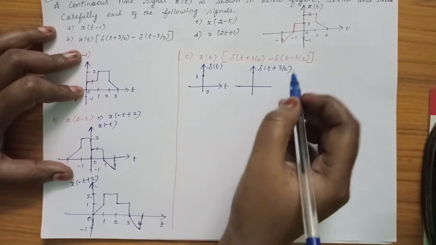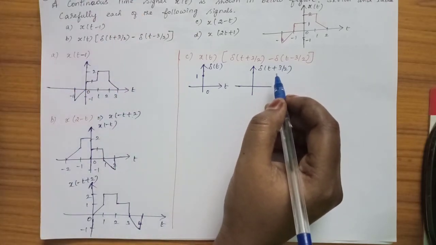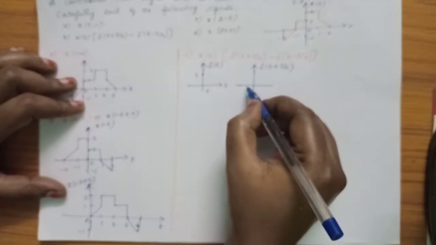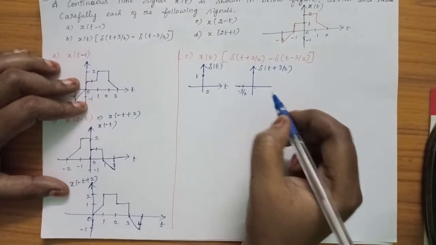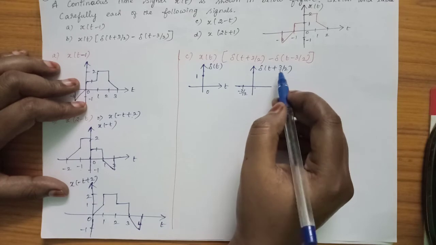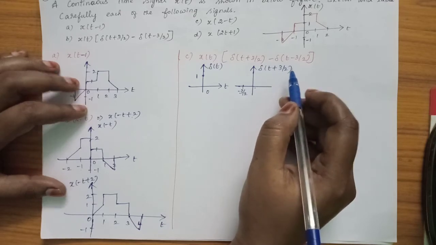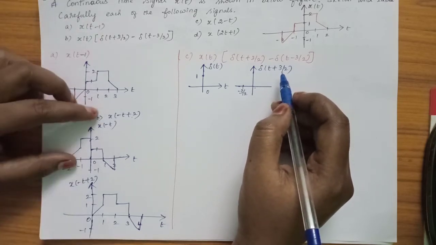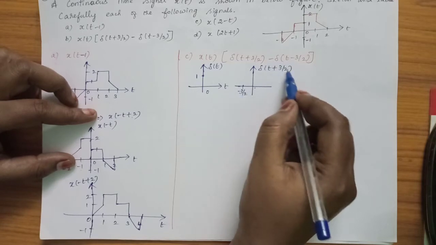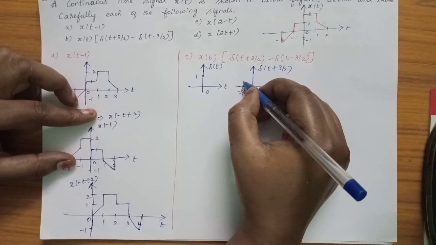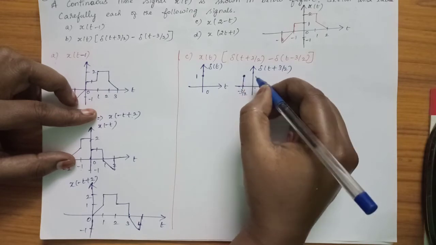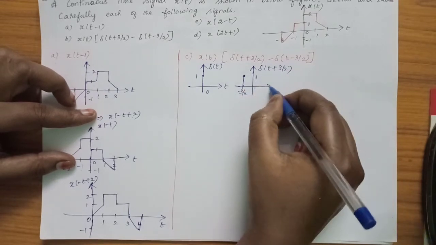It means that the signal gets shifted towards the left side. So instead of 0 it's going to be at t equal to minus 3 by 2, because here t plus 3 by 2, so we need to subtract 3 by 2 from the time limit. So 0 minus 3 by 2 is minus 3 by 2, with value 1.